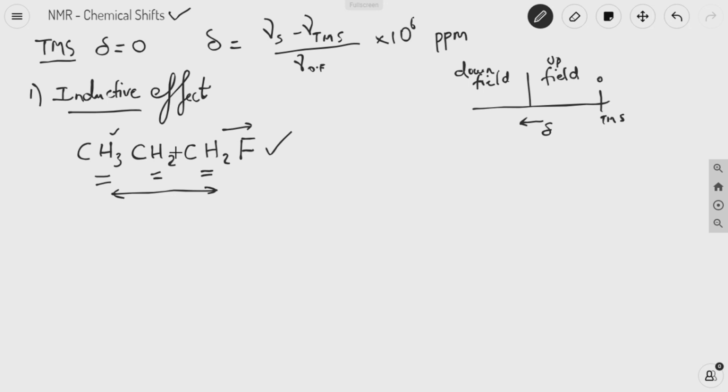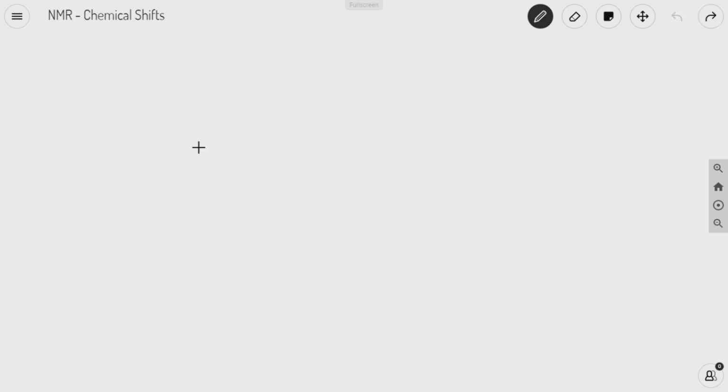So let us move on to the next factor, the anisotropy effect.